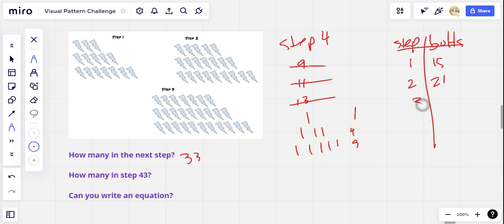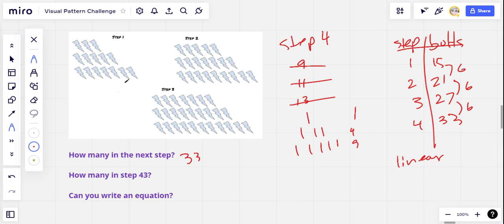And then in step 3, that's going to be 27. And in step 4, we're predicting 33. So let's go ahead and take the difference between each step. 21 minus 15, that's 6. 27 minus 21 is 6. And 33 minus 27 is 6. So look at that. We got a constant in our differences, and that means this is indeed a linear pattern.